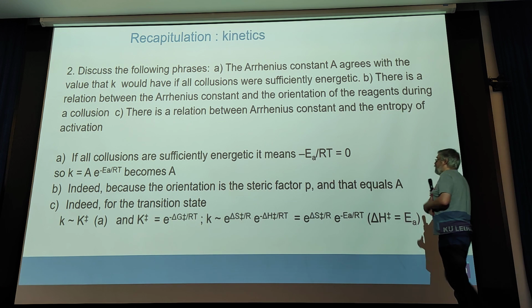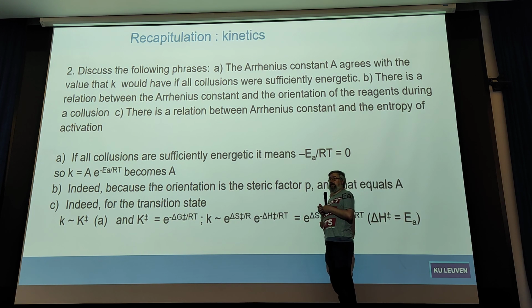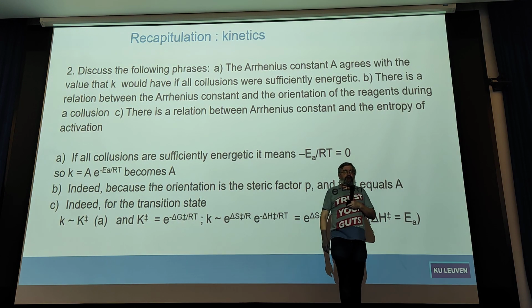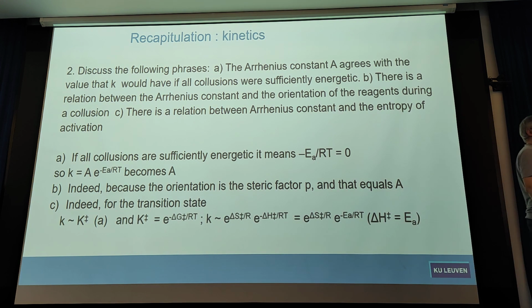So if all were sufficiently energetic, that means the temperature would have to be infinite, or E_A would have to be 0. That's the only case in which you would have that.